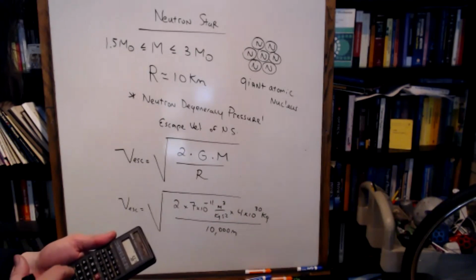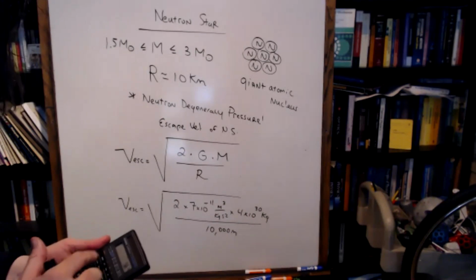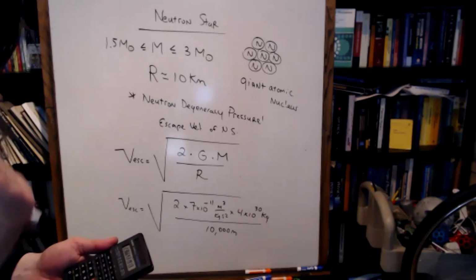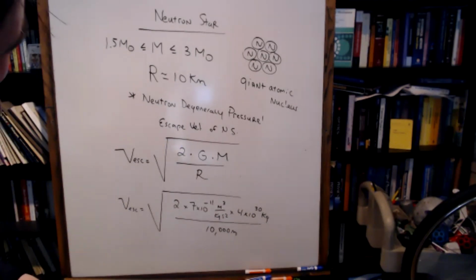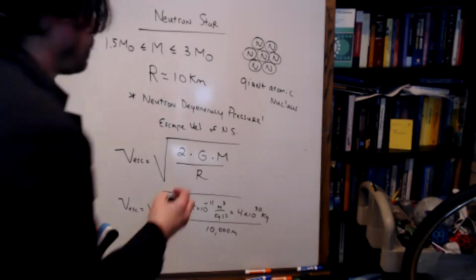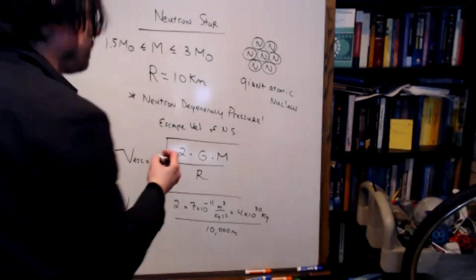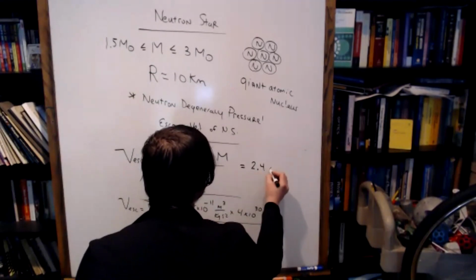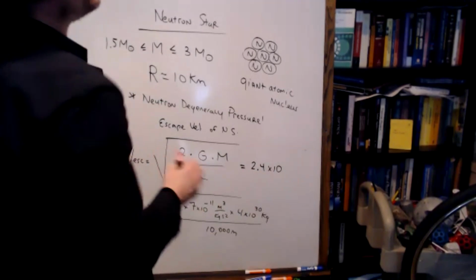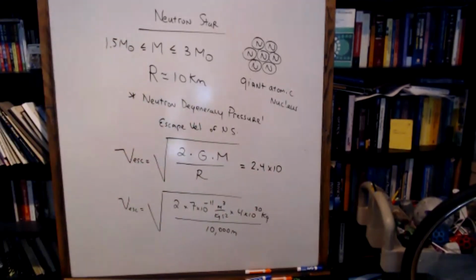Did you forget the square root? Yes, I did. All right, so do that. So what do you get when you take the square root, Riker? 2.4 times 10 to the 9th. Count better. You can't be 2.4 times 10 to the 9 because then you'd be faster than the speed of light.